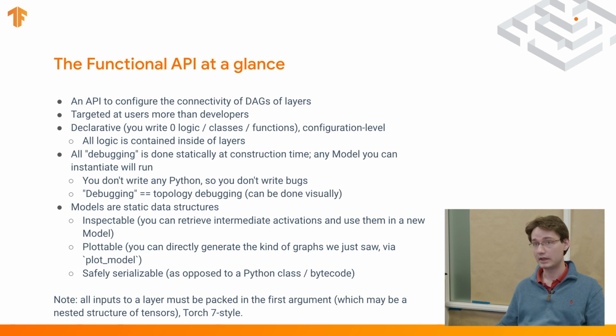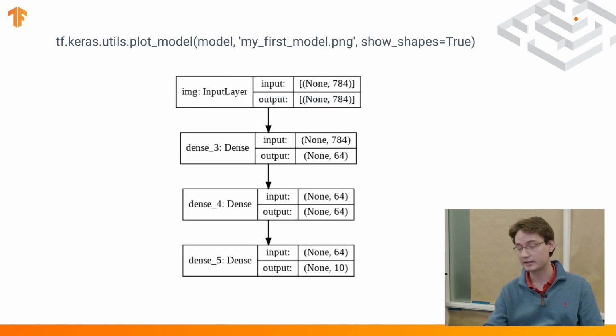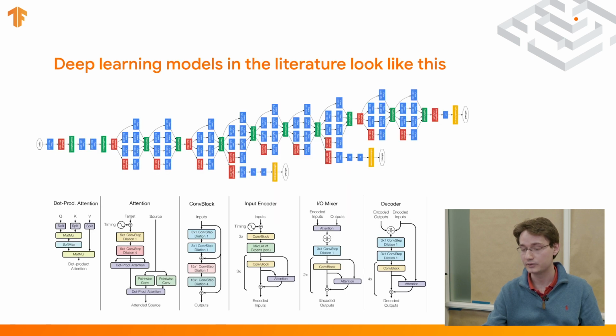Tensor inputs. Yes, tensor inputs. So essentially anything that comes from another layer, like anything that you want to transfer using these arrows. Each arrow corresponds to the first argument in the call of a layer, right?